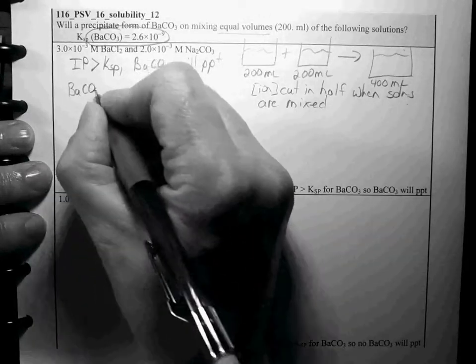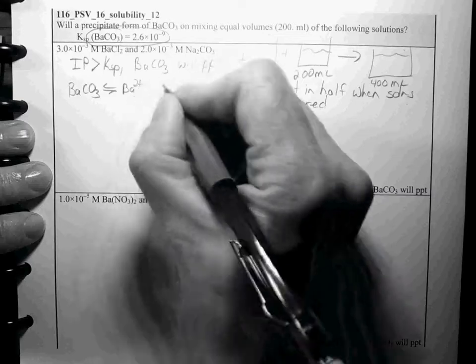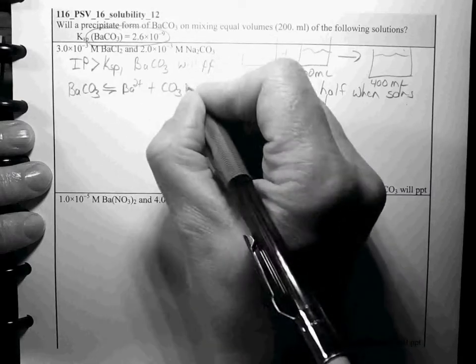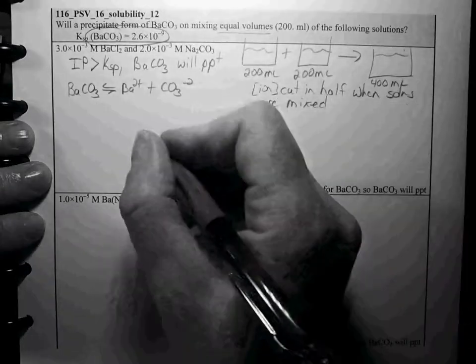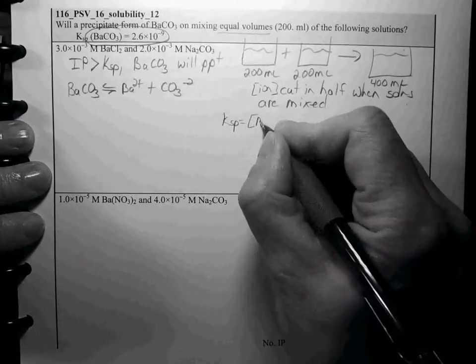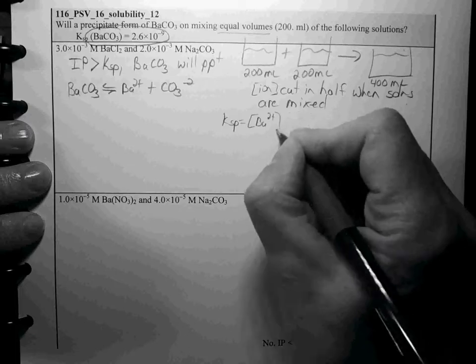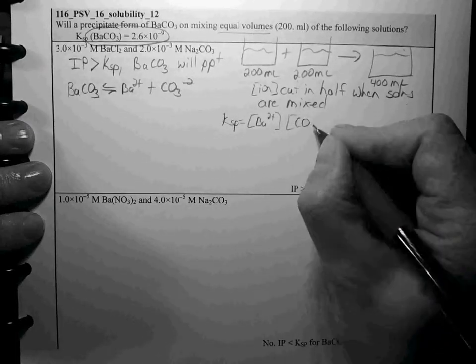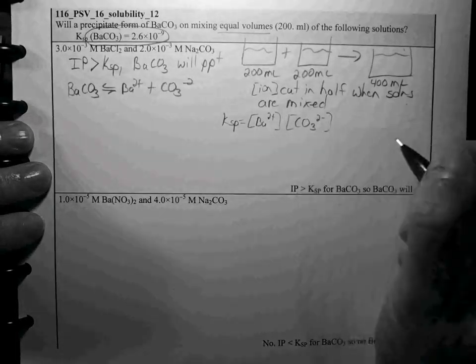If we look at barium carbonate, we know we're going to get barium ions and carbonate ions in solution. So our KSP is barium times our carbonate ion concentration.